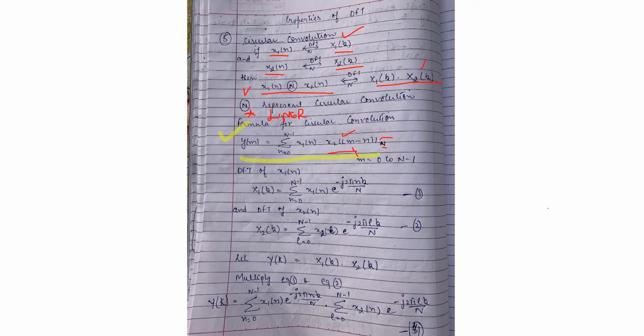N is the length of the sequence. In circular convolution, the lengths of x1 of n and x2 of n are equal. If the sequences are not equal, then make them equal by appending zeros. Similarly, n also varies from 0 to N minus 1.